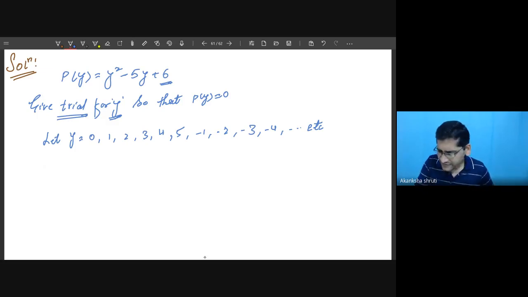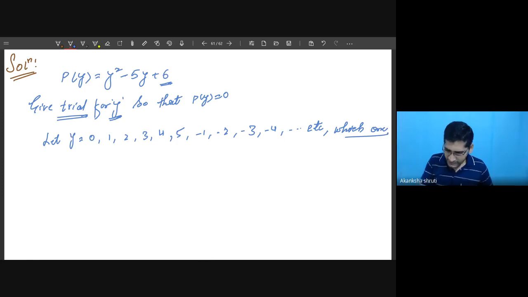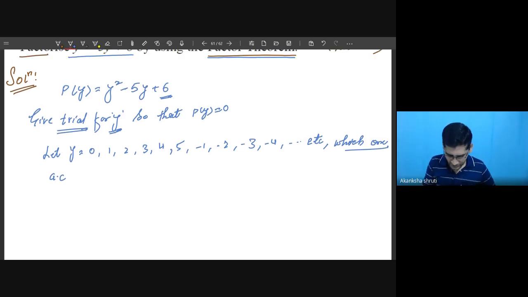But which one shall we give the trial? For this you have to take a into c again, nearly the same thing we were doing for splitting the middle term. A into c first we have to do. See here, a is 1, c is 6.